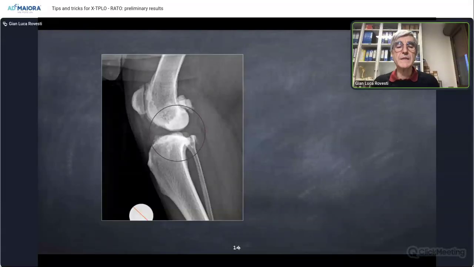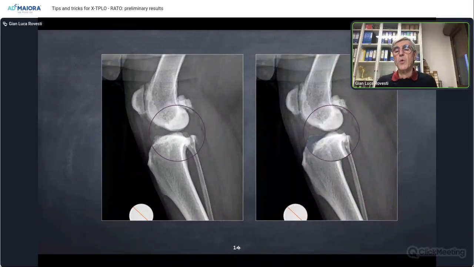But the problem is, when we perform the rotation, if we have our center of rotation in the center of the osteotomy, we will achieve a smooth, uneventful rotation.